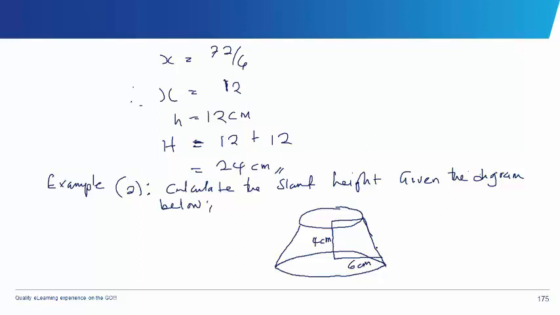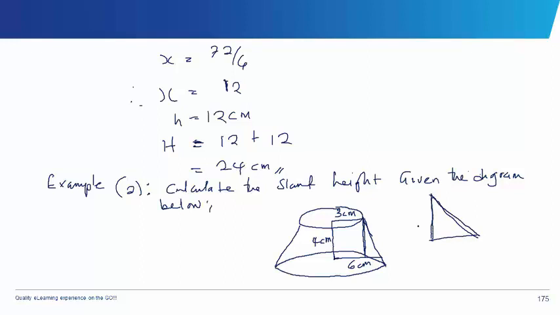So the radius here is 6 centimeters, and the radius here is 3 centimeters. The slant side we need to find is from this part. If you can bring this part out, we have to find the slant side of the pyramid, and that's the slant side.